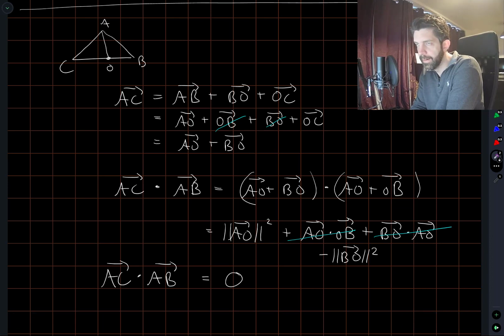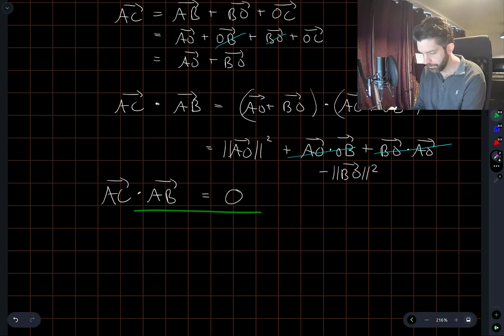And my intuition about writing everything in terms of vectors from the origin ended up being nice and convenient here, because most of the vectors involved that come from the origin are all going to be of the same length. They're all going to be equal to the radius of the circle.